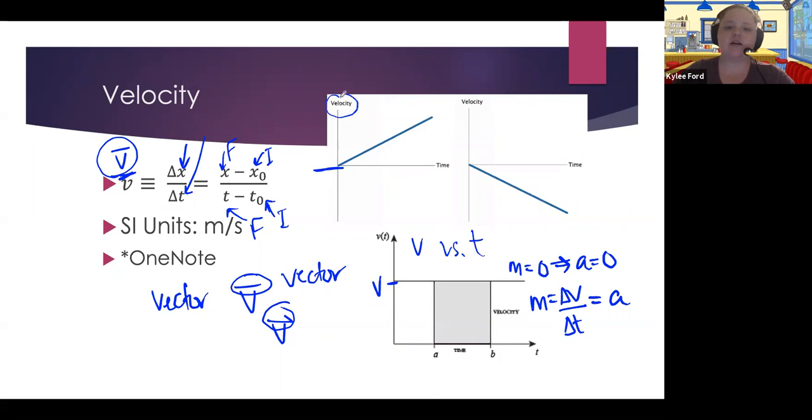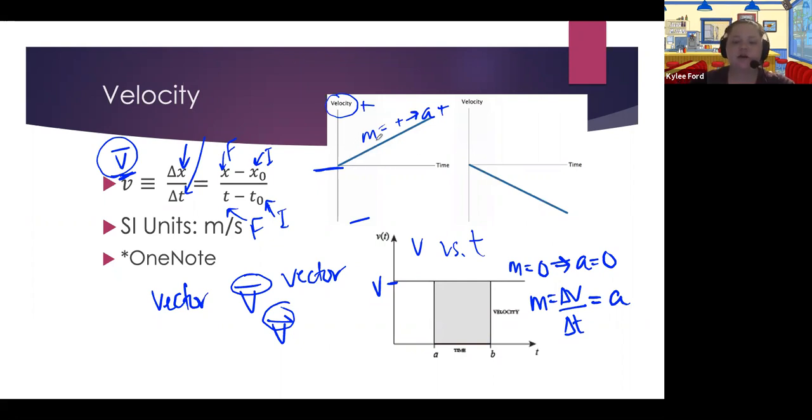We have velocity on our y-axis, our vertical axis, and time on our horizontal axis. So this is going to be positive velocity and negative velocity. If my slope is positive, that means that my acceleration is positive.